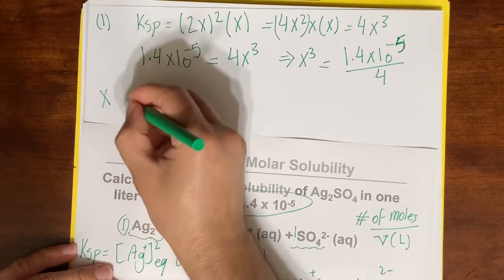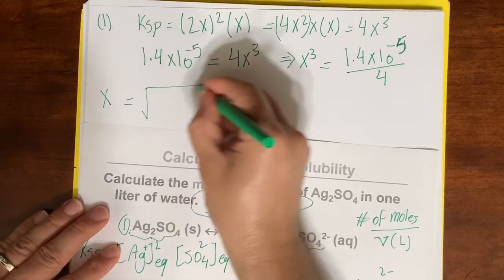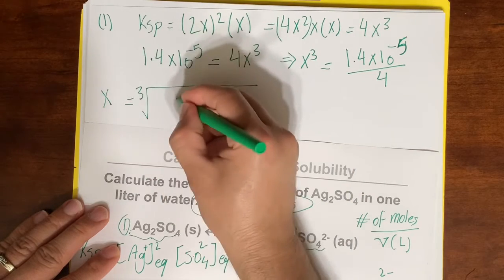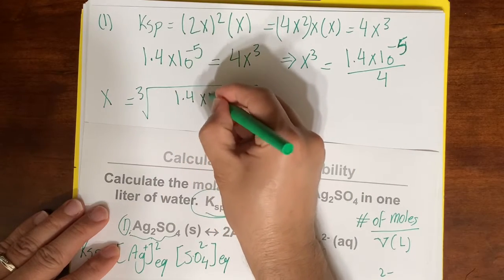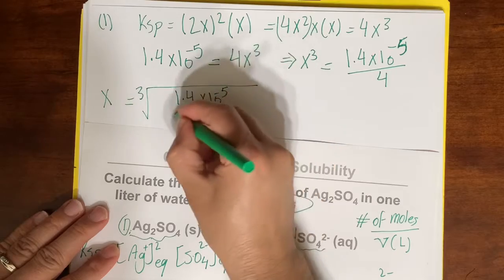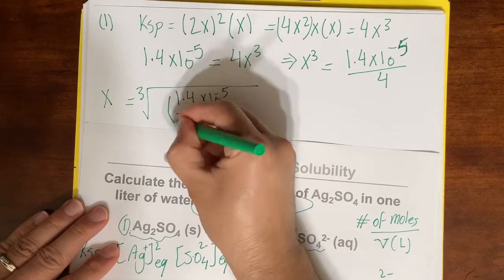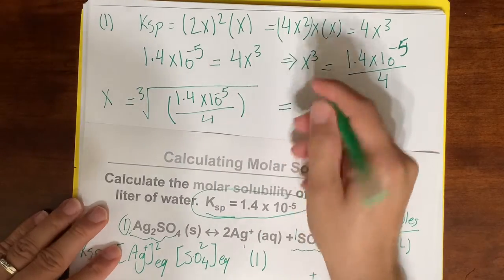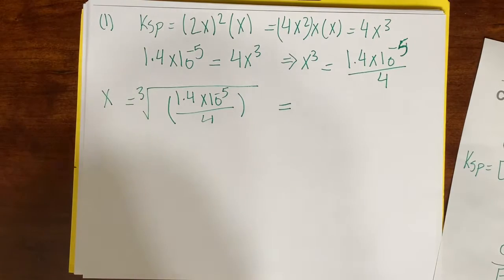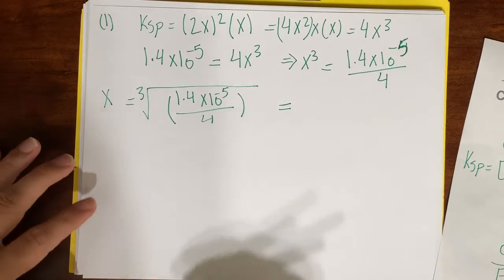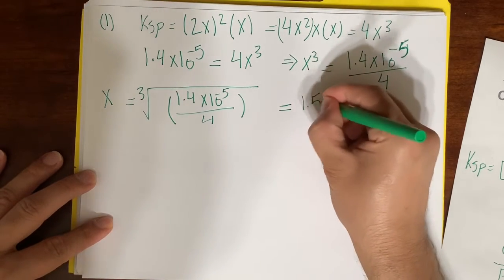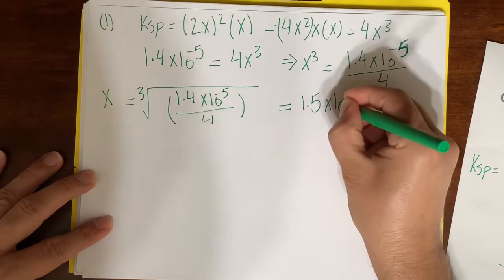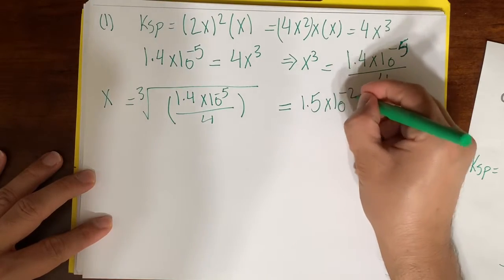So x is going to be the third root of this number. And x is equal to 1.5 multiplied 10 to the power of minus 2.